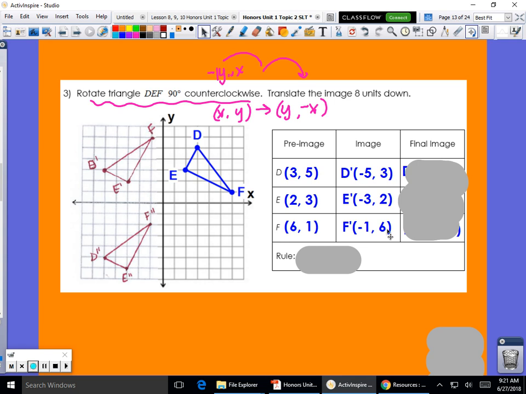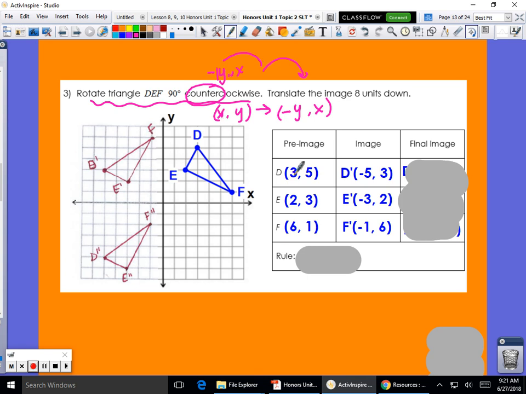All right, I'm going to pause and fix this real quick. No, it's not wrong. I read it wrong. Okay, this says counterclockwise, so this is not what's going to happen. We're going to do opposite y, x because we're going counterclockwise. Okay, great. And then that matches up a lot better.